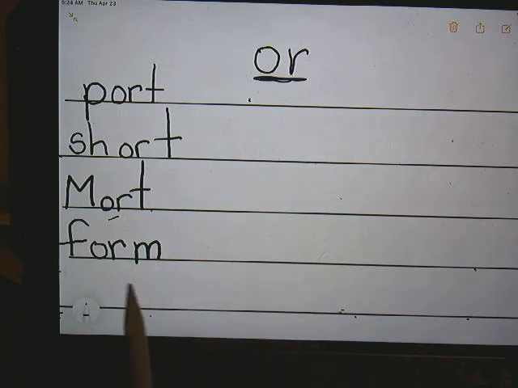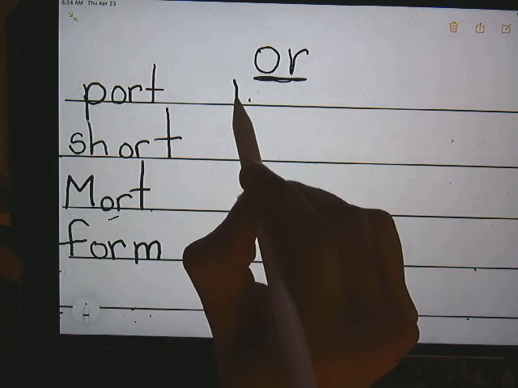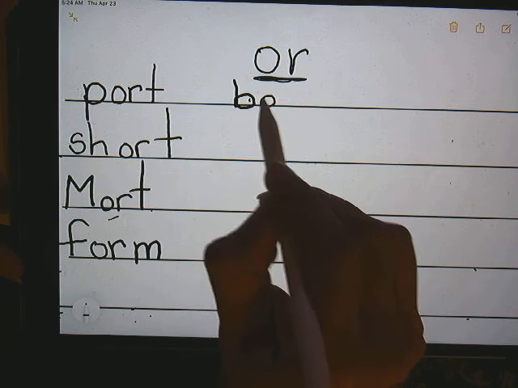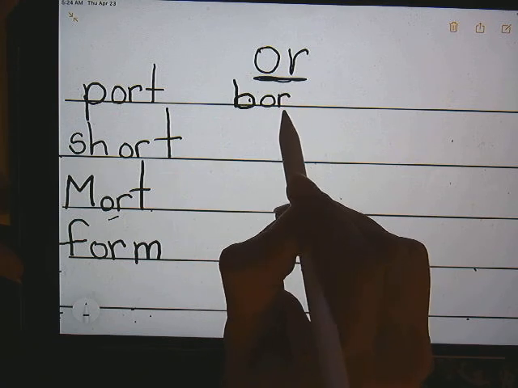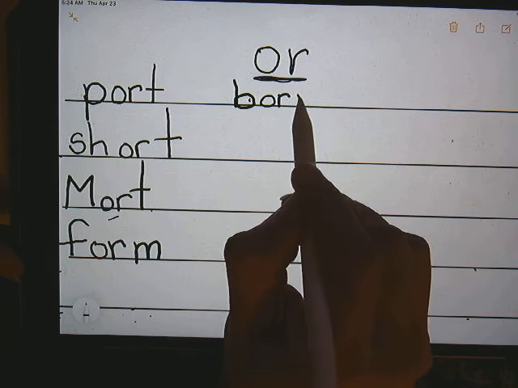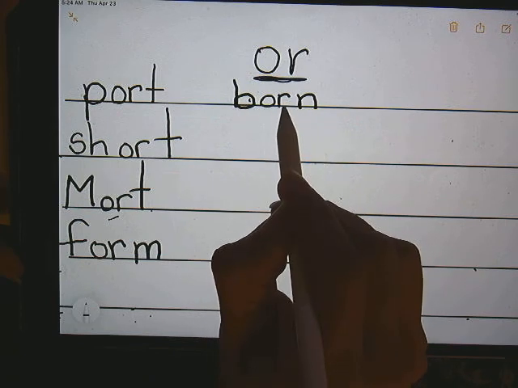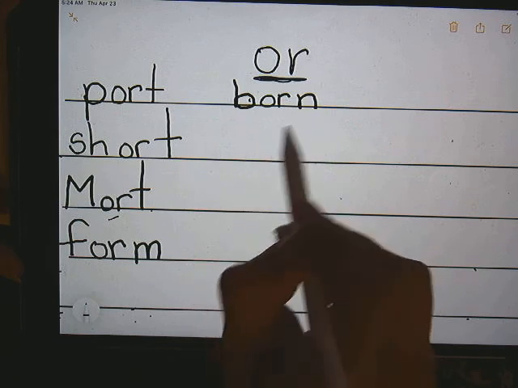Sound, blend for, word form. Sound b. Sound or, blend bore. Sound, blend bore, word born.